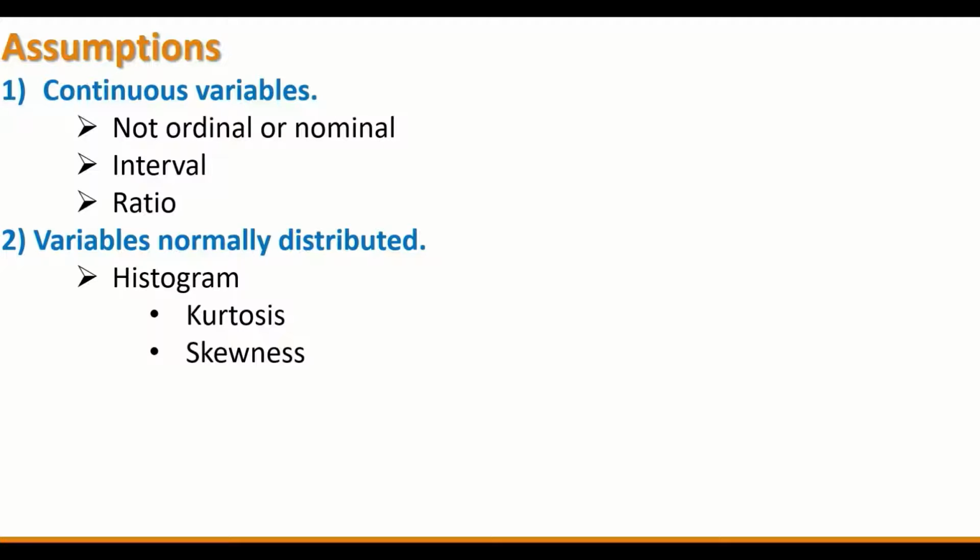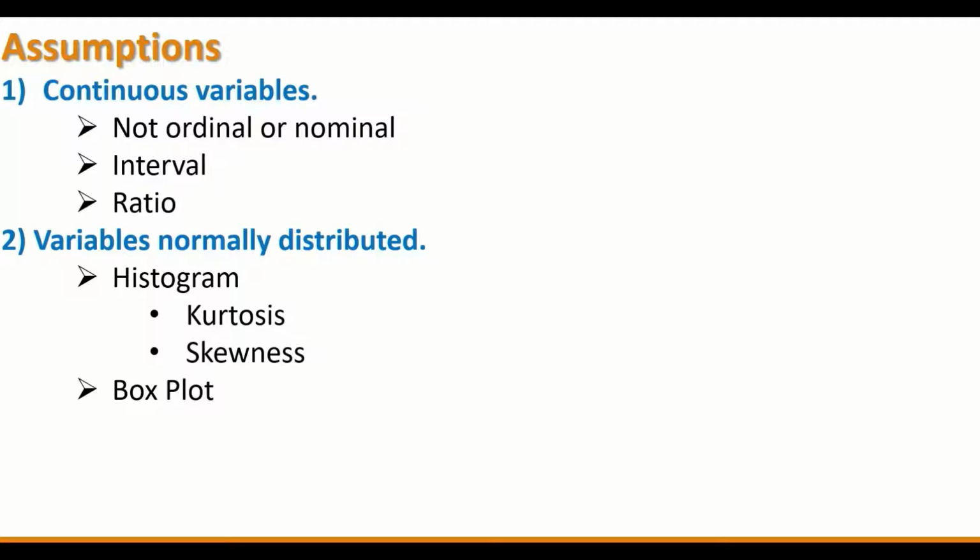Also, a descriptive analysis of the data can determine the value for kurtosis or skewness. I've already made a video clip on the channel if you want to learn more about how to examine the normality of distribution for data using a histogram.